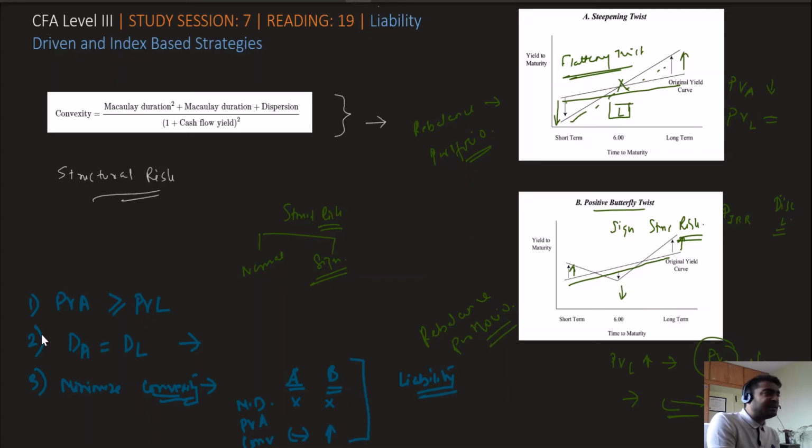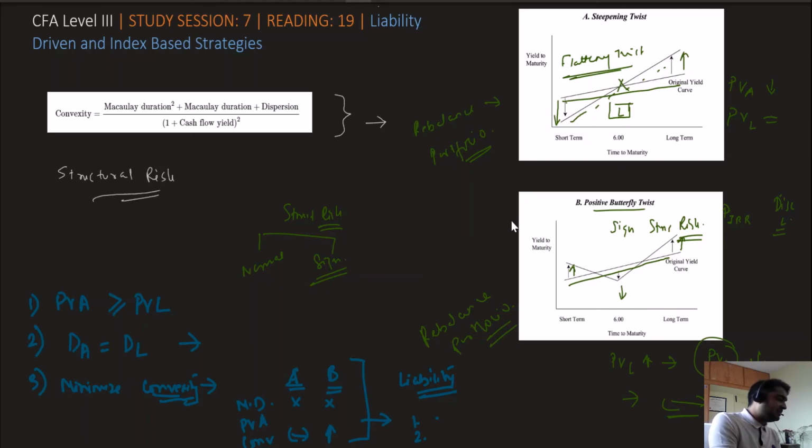Here, in order to select one of these two portfolios, you select the lower convexity for two reasons. Number one, to minimize the dispersion of asset cash flows around the liability, and number two, of course, convexity comes at a cost, right? So this largely concludes the overall concept of immunizing a single liability.